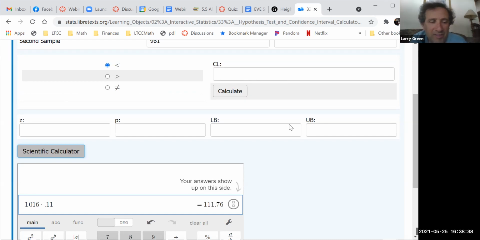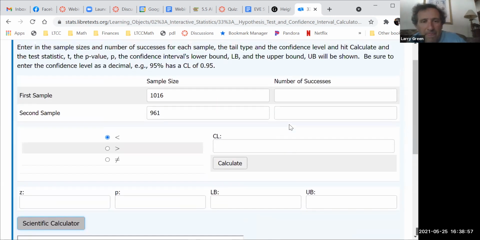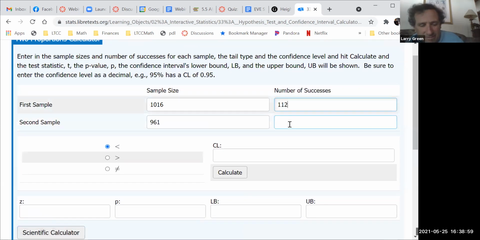Because if 11% said yes and there were 1,016 in the survey, then 1,016 times 0.11 is the number of people who said yes. And then we use the rules of rounding because you can't have a fractional person say yes. So that's 112. Any questions on that?